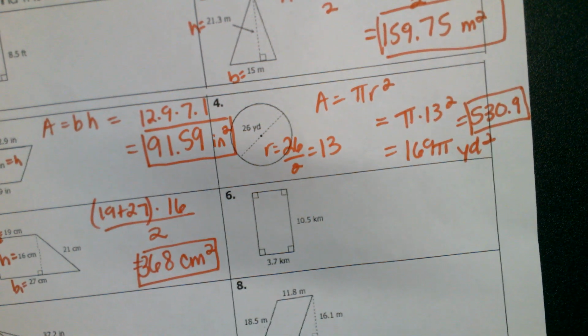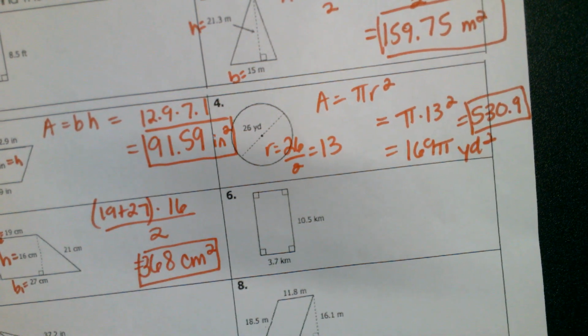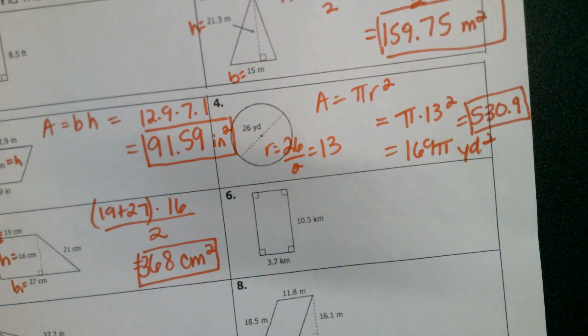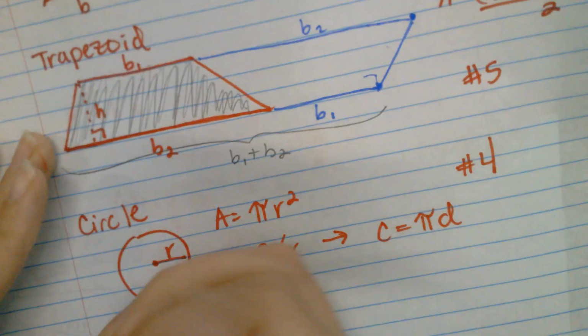So think about those 2 shapes. A rhombus is a parallelogram with all congruent sides. What do rhombuses and kites have in common? And it has something to do with their diagonals. So think about it.